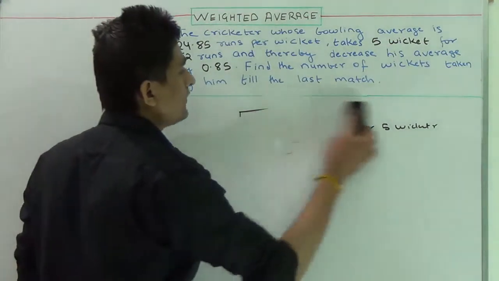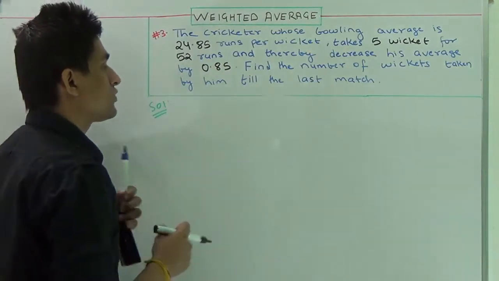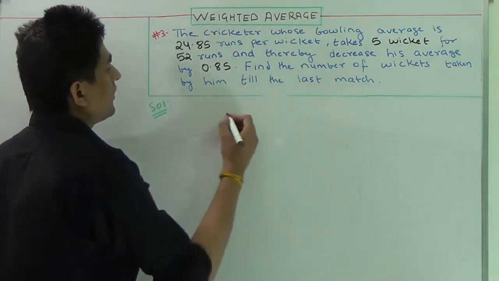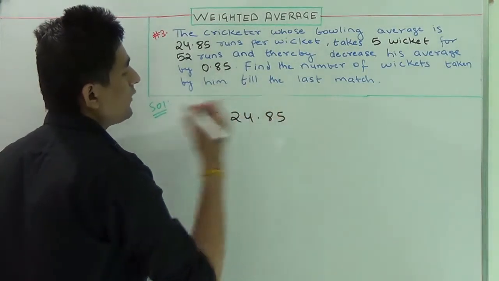Now I'll solve this question with the alligation method. You can solve this question by the basic method also, but here I'll solve it by alligation first. Here the earlier average, A1, will be 24.85.